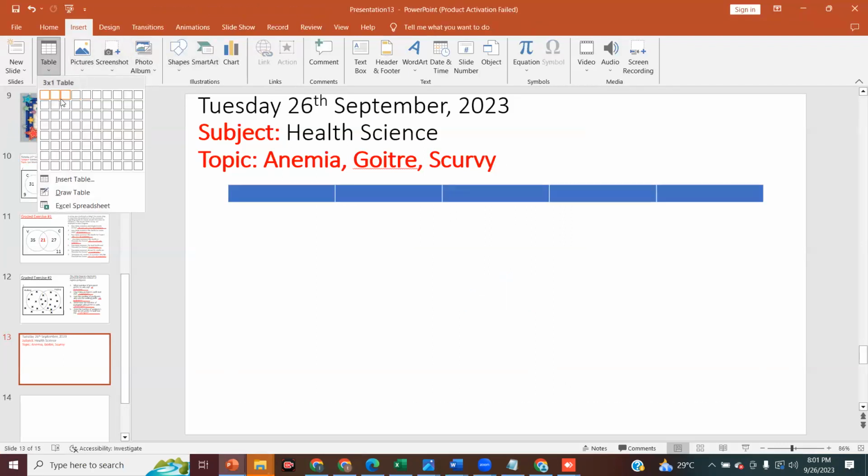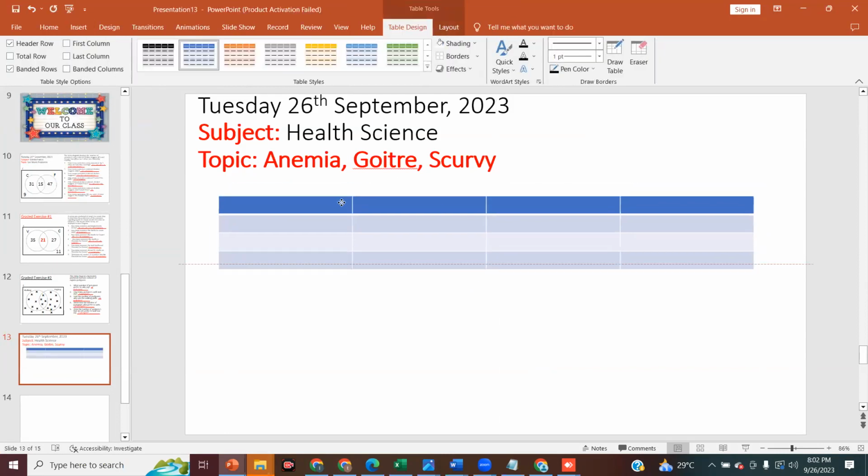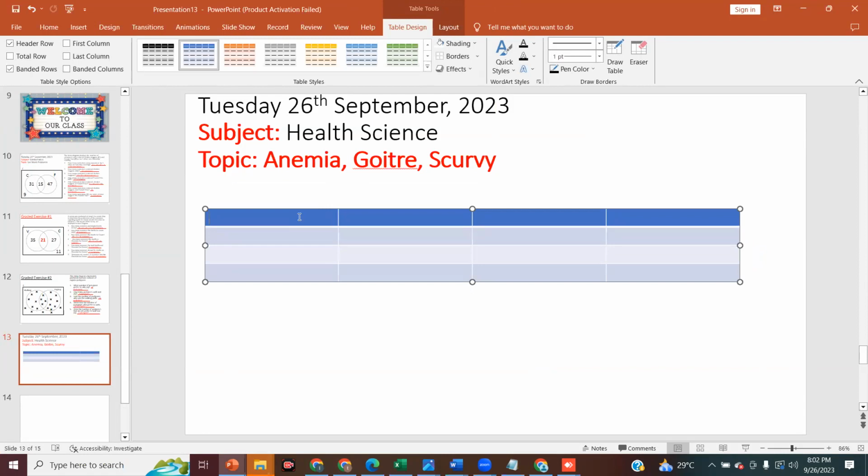All right, so today we're also gonna be looking at anemia, goiter, and scurvy. Hopefully we can get through all three of them. That's the goal tonight. So on this one, we want to put the disorder.